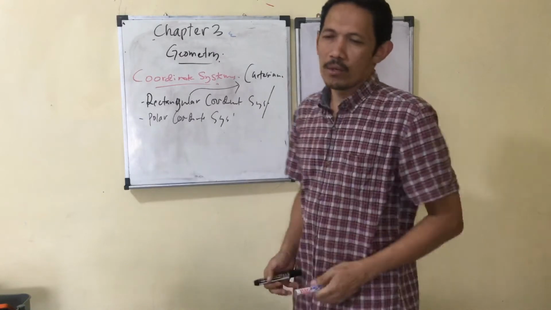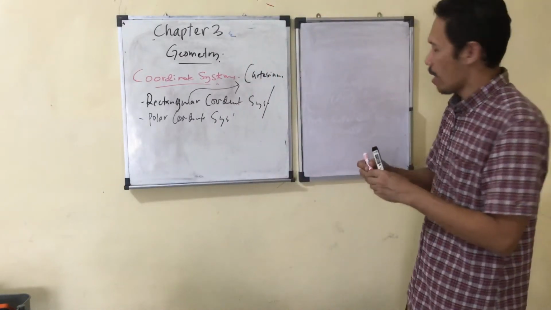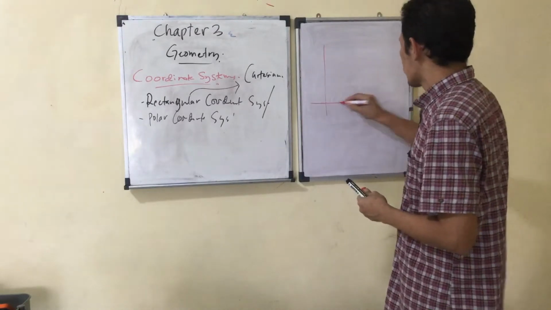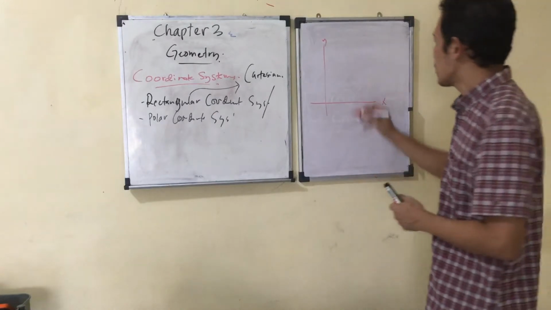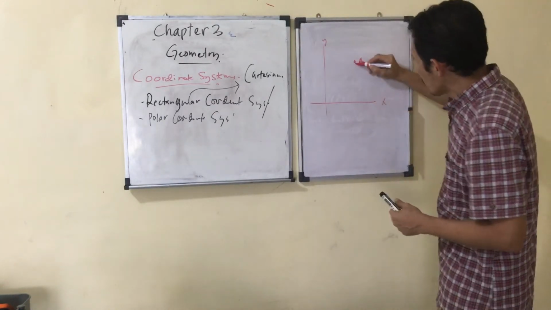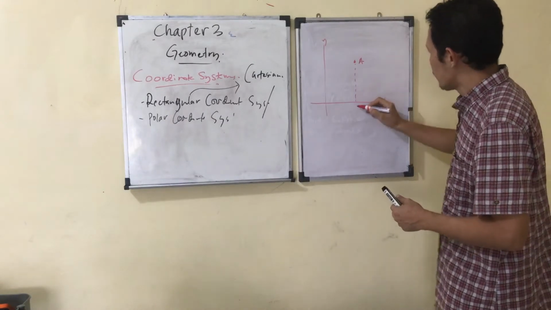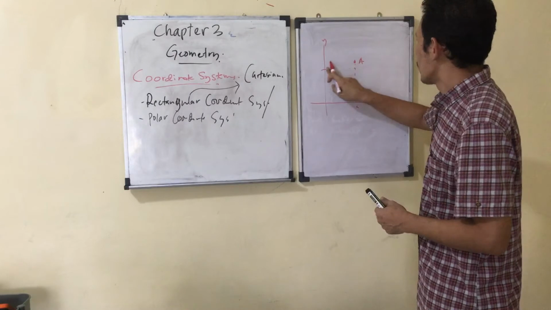When we look at the rectangular coordinate system, what we have is x and y, right? When you want to define a point, let's say this is point A, you have to look at the value of x and the value of y.